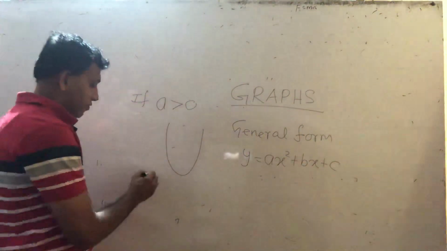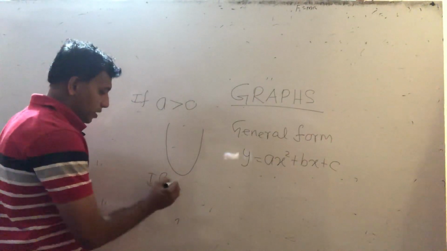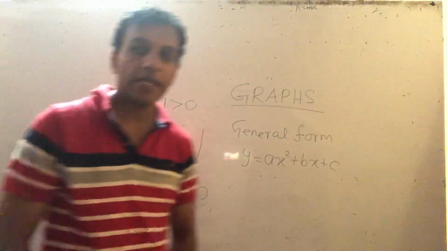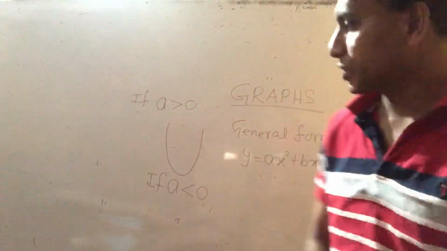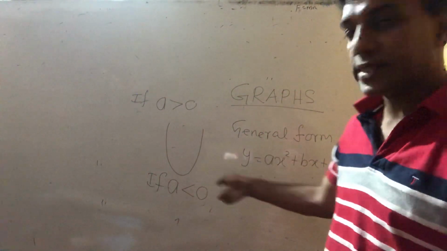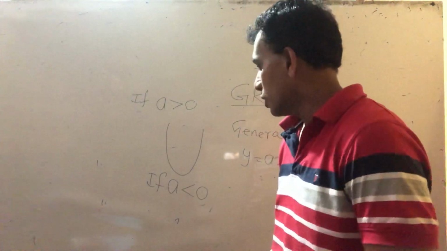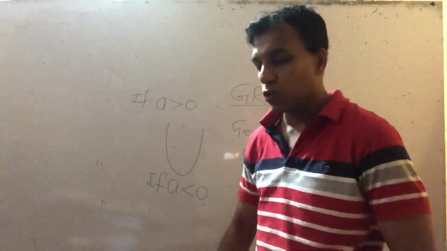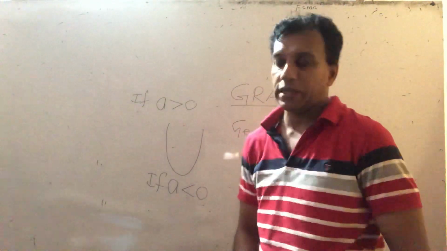Right next, if a less than 0, that means in front of x square a minus comes, a negative value, the graph is maximum.